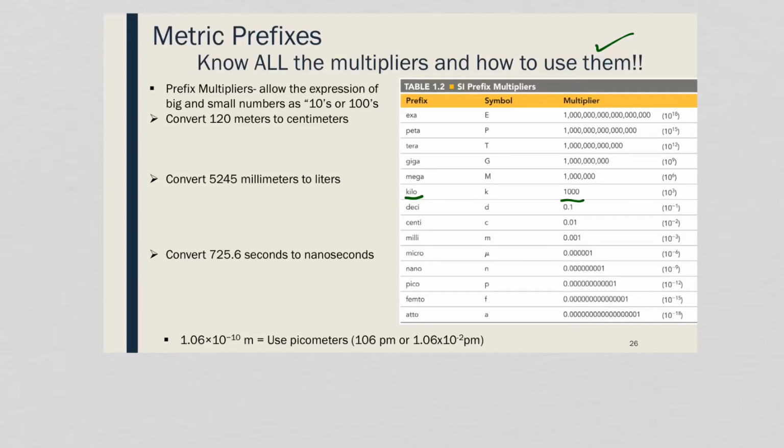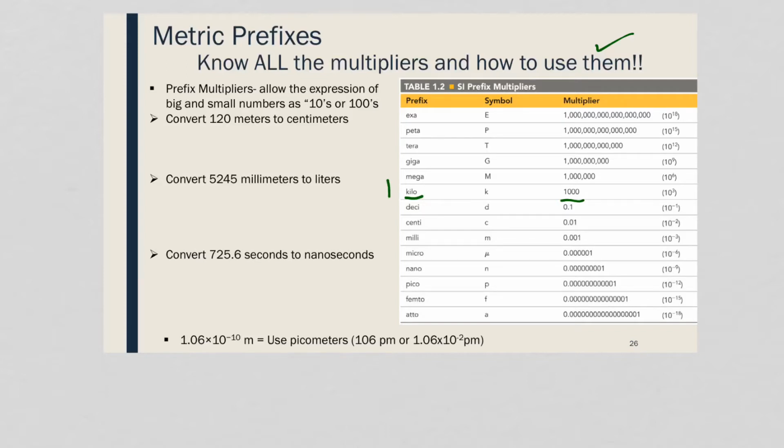So first thing is, how do we read this table? Well, the way that we read it is that we have 1 of the prefix unit equals a multiplier amount of the non-prefixed unit.